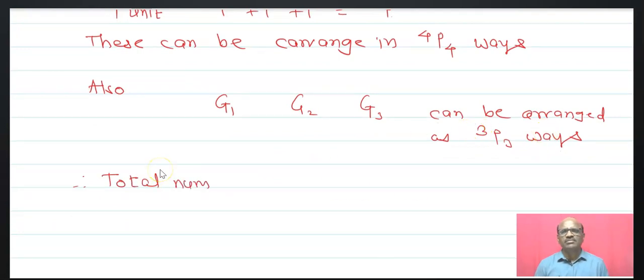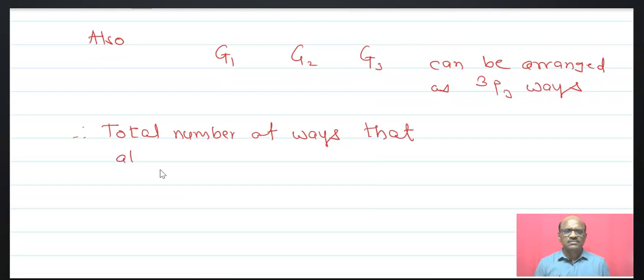Therefore, the total number of ways is 4P4 into 3P3 ways, that is 3 boys treated as 1 unit.